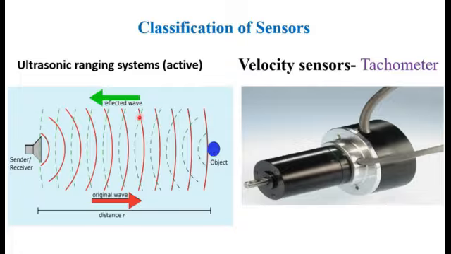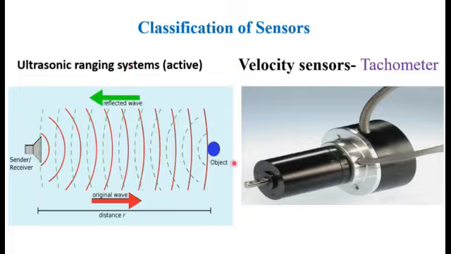Here the green lines are the reflected waves. When the reflected waves return, the sensor receives the signal and measures the distance. So the distance r is measured with the help of the ultrasonic ranging system.